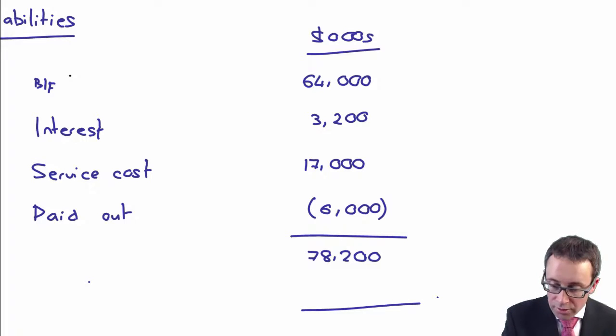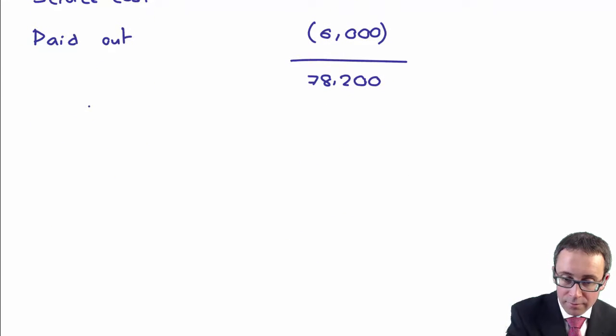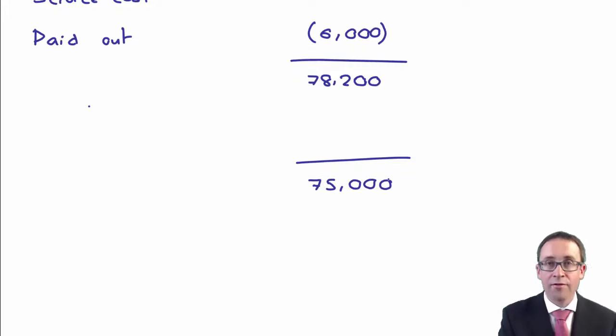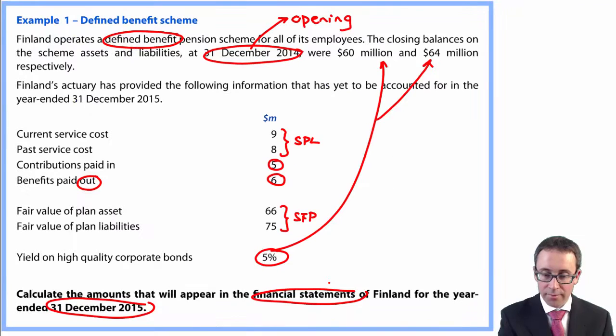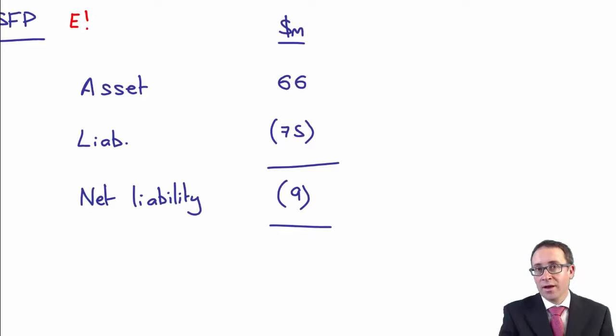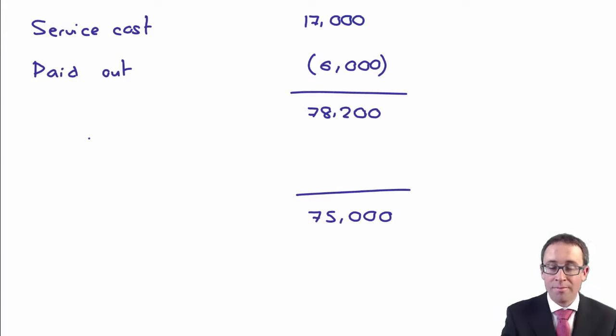You've got there as your closing figure, is that there then of 75. Again, if you're unsure where that 75 has come from, it's that fair value of the plan liabilities, isn't it? Or if you like, the closing figure there that we recorded on the SFP. Once we've got, is it the 75, you can balance it up.